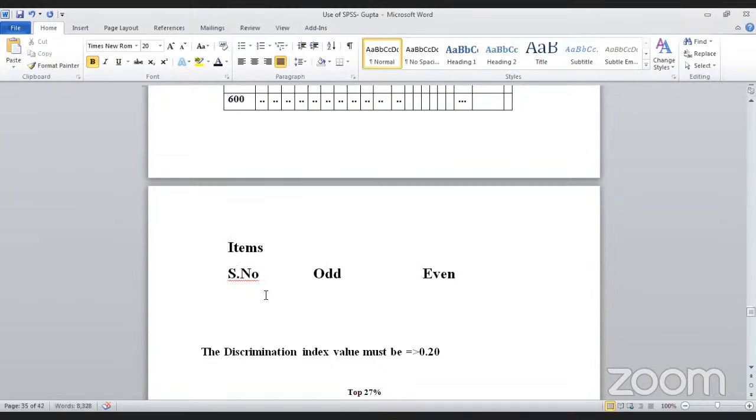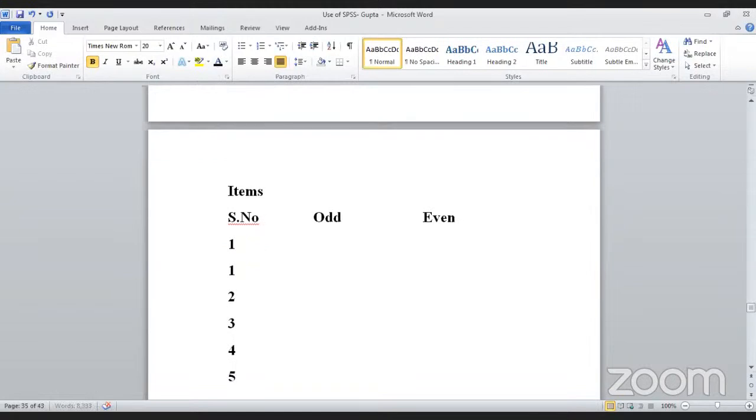Now you have the first person, the second person, third, fourth, fifth, like this. So you know the marks here, and you know the marks here. Now you know the marks on the odd, and you know the marks on the even.